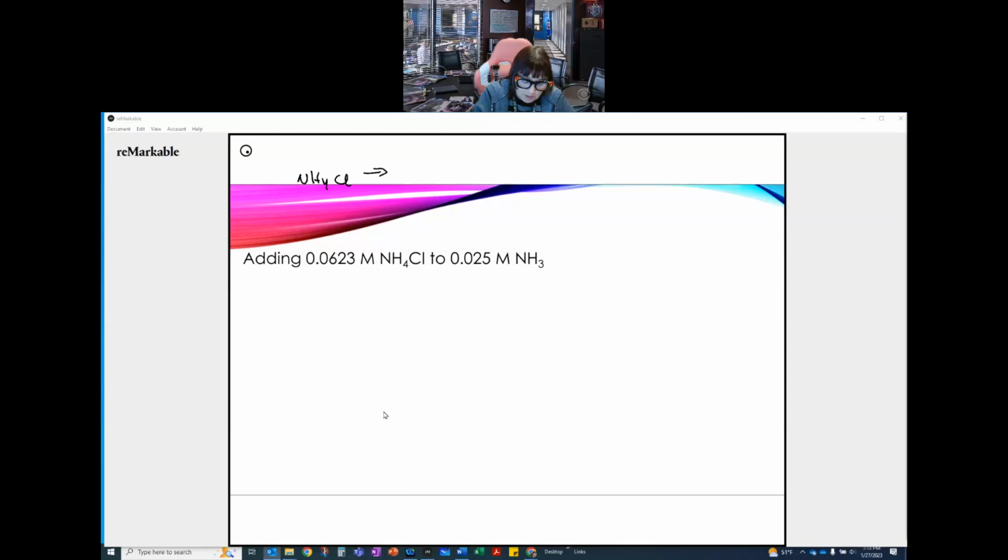The NH4Cl is an ionic compound. It comes apart to give you an NH4 plus and Cl minus. Whatever this concentration was, 0.0623 is going to be 0.0623, and this is going to be 0.0623. So that carries directly over, and actually this arrow should not be like that. It should be like that, because it only goes in that direction.